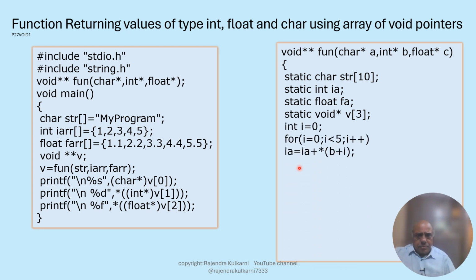In the first for loop, what we are doing is we are assigning the int variable ia with the summation of elements of an array pointed to by b, which is actually pointing to the 0th element of the IARR array of the main.